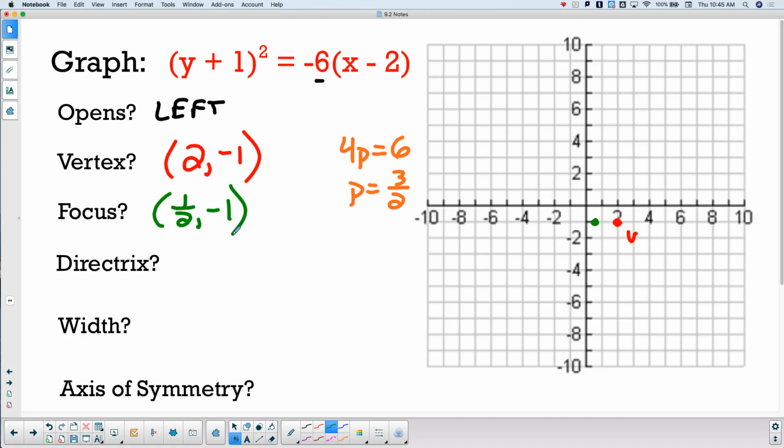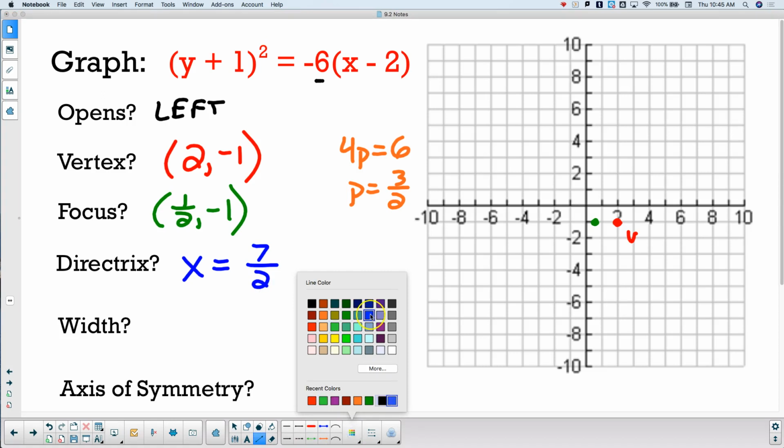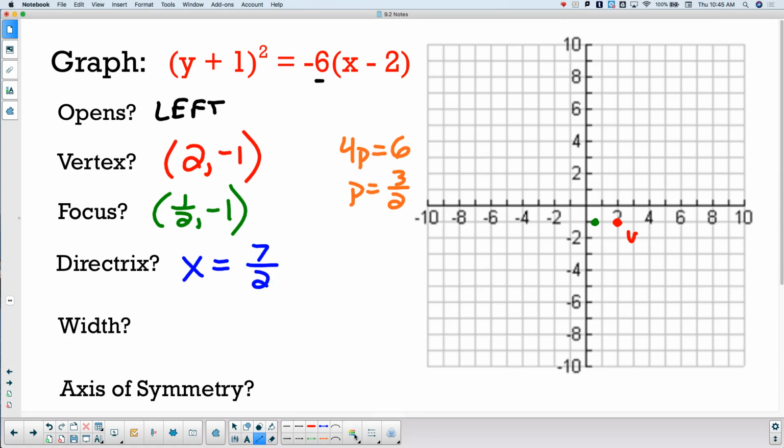Bear, directrix. I don't know if it's right, but x equals 7 halves. X equals 7/2. I like that one. Because it's 1.5 the other way. That's going to put me right there, which is 2 plus 1.5, which is 7/2.